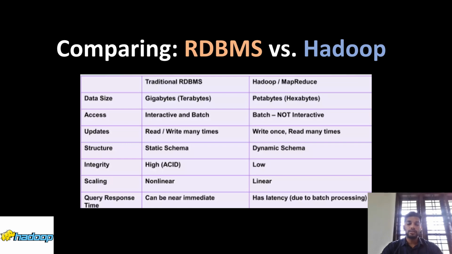In terms of updates, we could read and write as many times as we want, but in the case of Hadoop, once you write, it can be read many times. In terms of structure, it is static in the case of RDBMS, and in the case of Hadoop, it's dynamic. In terms of integrity, it is high, while in the case of Hadoop, it is low. The query response time can be much faster in terms of RDBMS, while in the case of Hadoop, it has a lower latency.